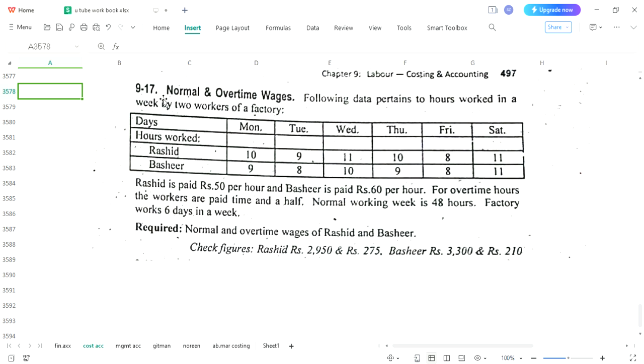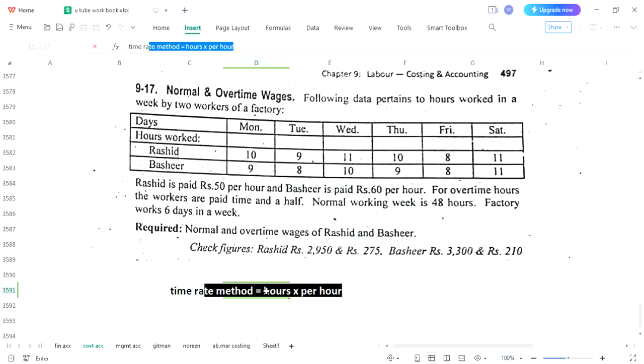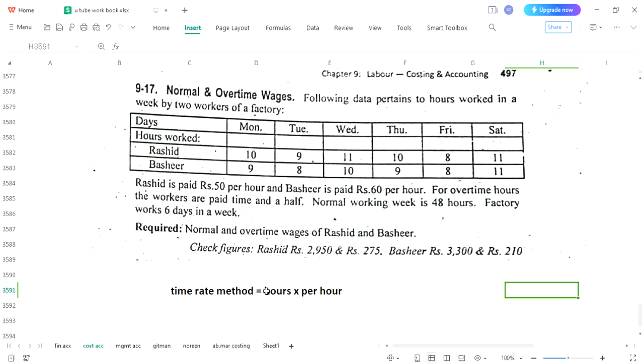Secondly, we are associated with cost and management accounting, where we are usually related with three major factors: material, labor, and FH. In this chapter, we are specifically related with labor costing, and as you know, for calculation of wages of labor there are two main factors. First is the time rate method, where we use the number of hours worked multiplied by the per hour rate, and simply we calculate the wage of a particular worker.